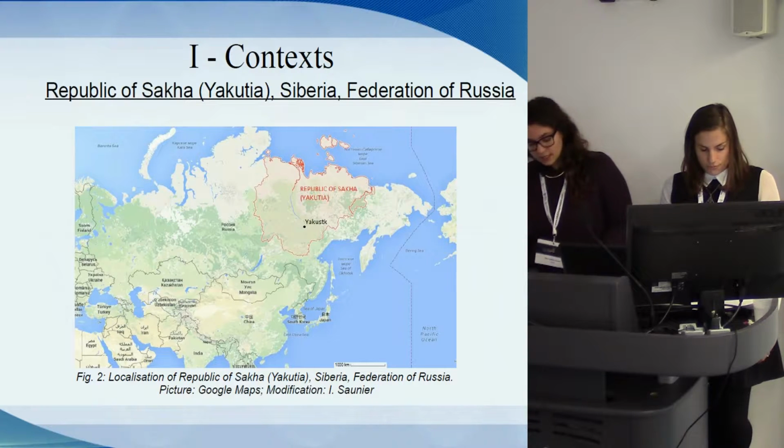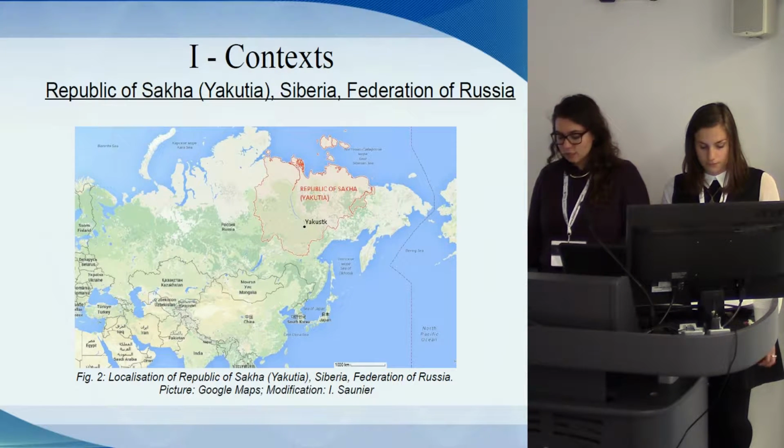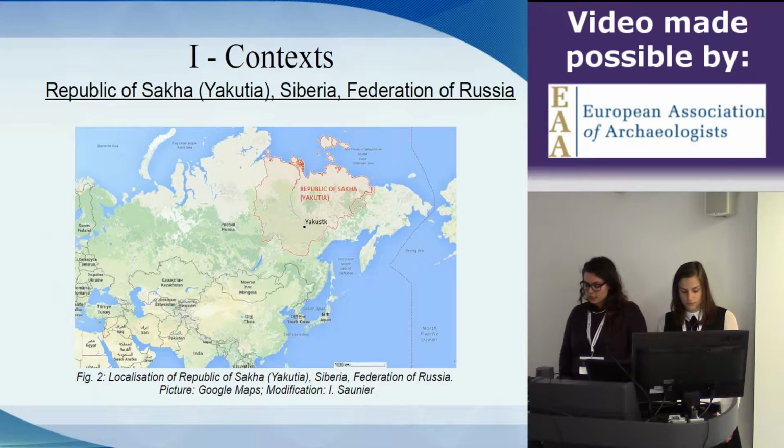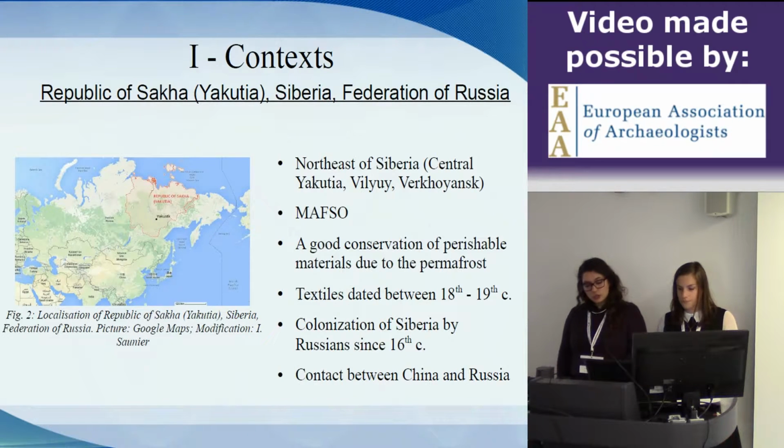On the field, the MAFSO organized 3 triennials in 3 regions in Yakutia: Central Yakutia, Beloui, and Verkhoyansk. As the investigation has had the opportunity to be extended, the French team moved to northern Siberia. The good conservation of perishable materials, in particular textiles, is due to the permafrost, permanent frozen ground, characteristic of the Ice Age.